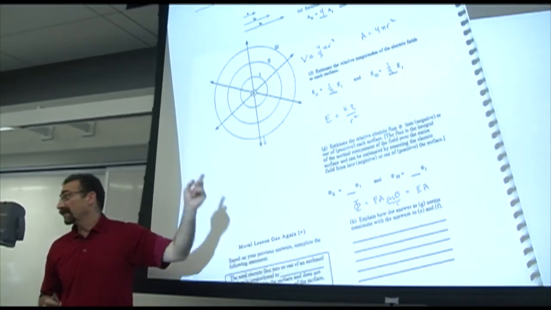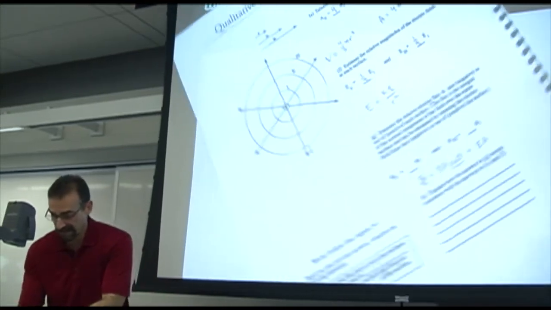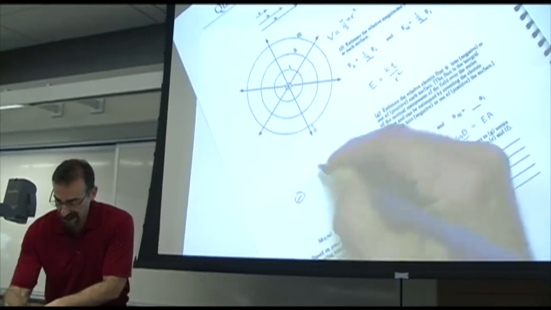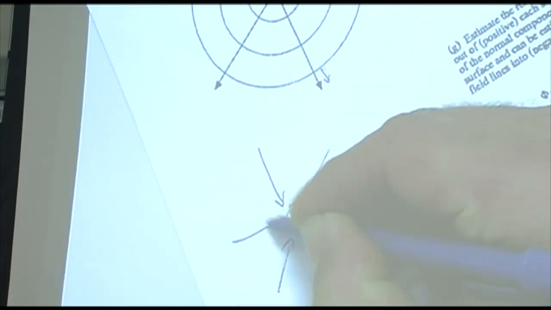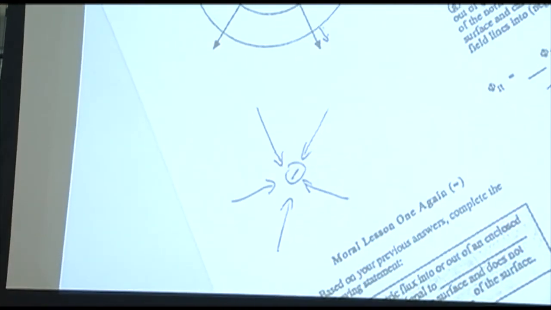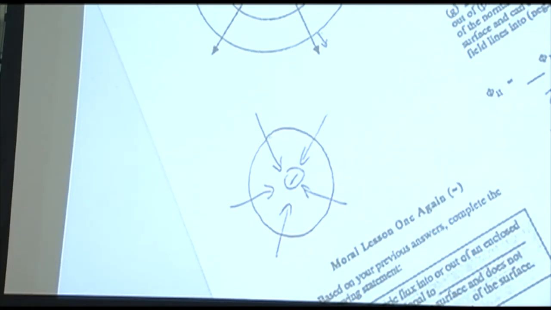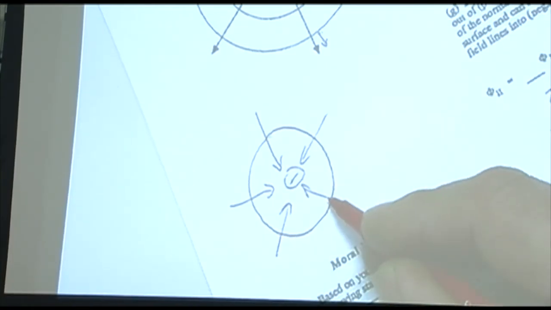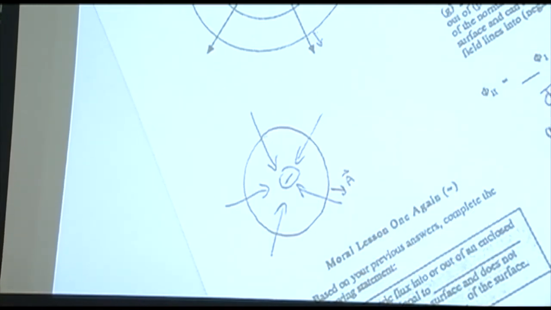If the electric field pointed in, if that was a negative charge, I'll just draw it over here. Negative charge has electric field lines pointing in like that. And I draw a sphere around it, and I want to know the flux through that sphere. My area vector points outward. That's the definition.